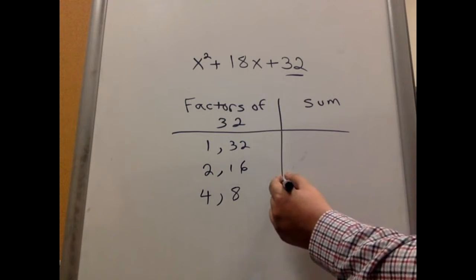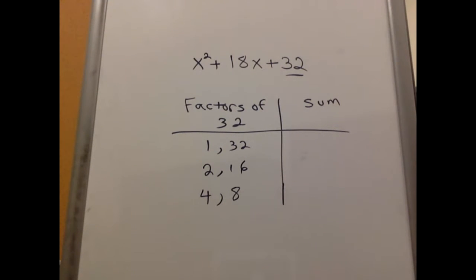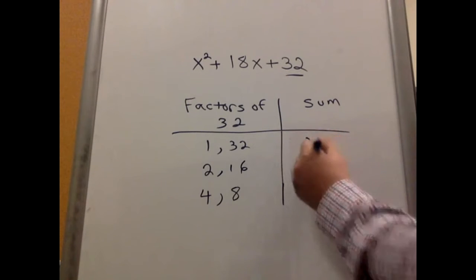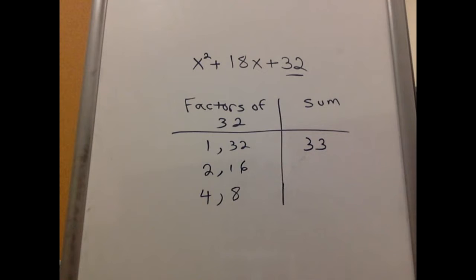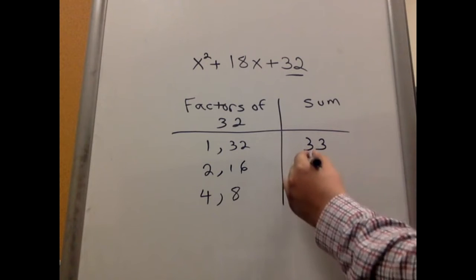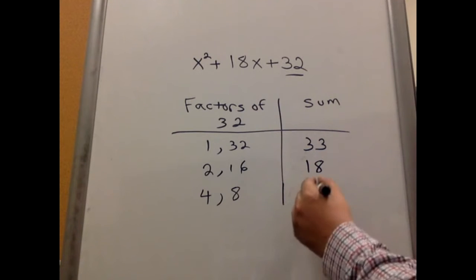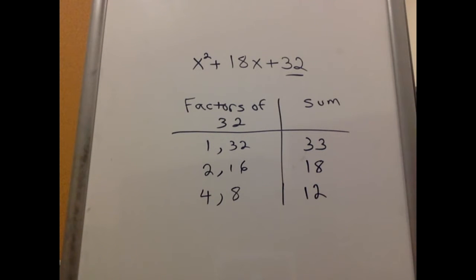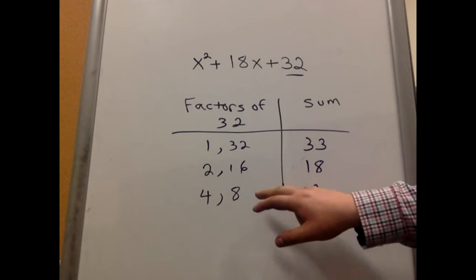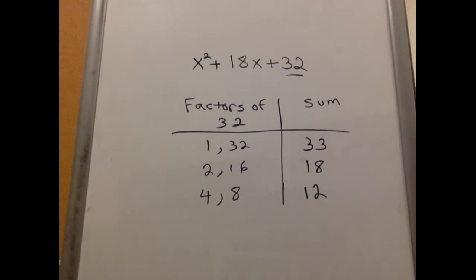Let's take the sum of each of these pairs of factors. We have 32 and 1. If we add those, we get 33. We have 2 and 16 here. If we add those, we get 18. And we have 4 and 8, and if we add those, we get 12. If we recall, the two steps were: find the factors that multiply to give 32, and those two factors need to add up to give us b, which in this case is 18.